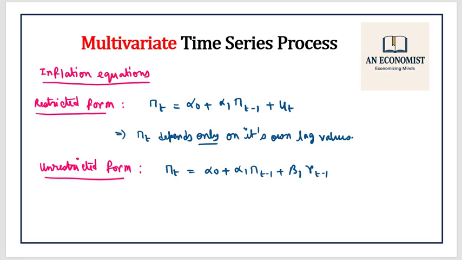Up to period 1, the lag value of RT is included, and some, say, another error term epsilon t. So this says that pi t depends on its own lags plus lagged interest rate.